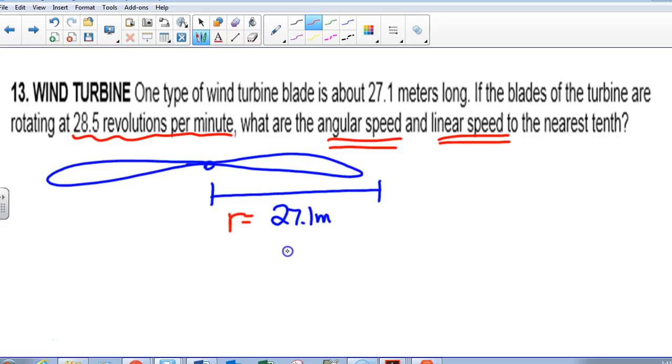Angular speed has to be in what units? Radians over time. It doesn't specify, so we can leave it in minutes. So 28.5 revolutions per minute becomes what if we change it to radians? We have to multiply by 2 pi, so what do we get?